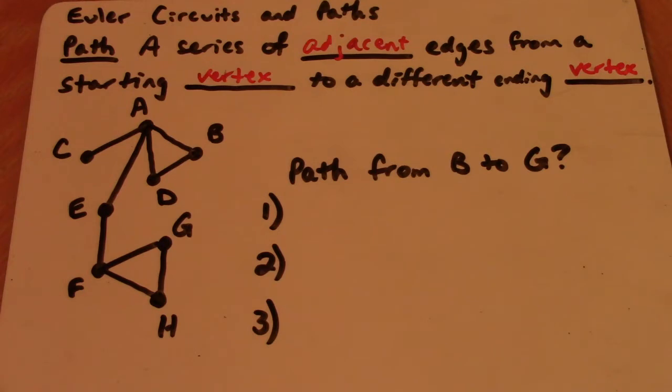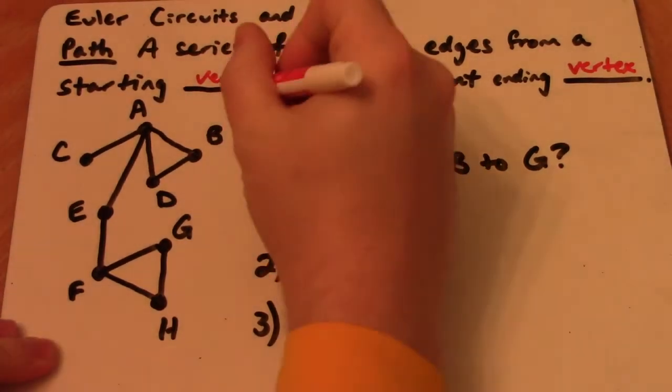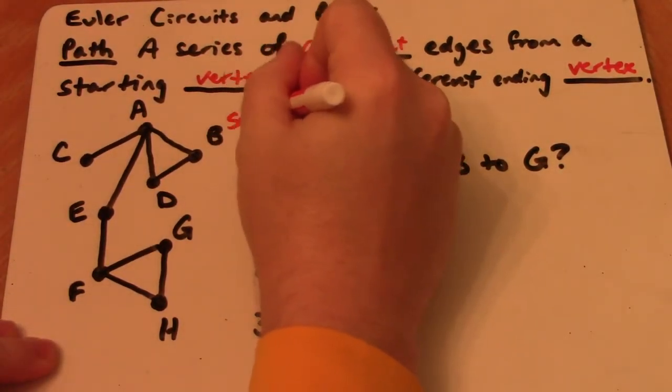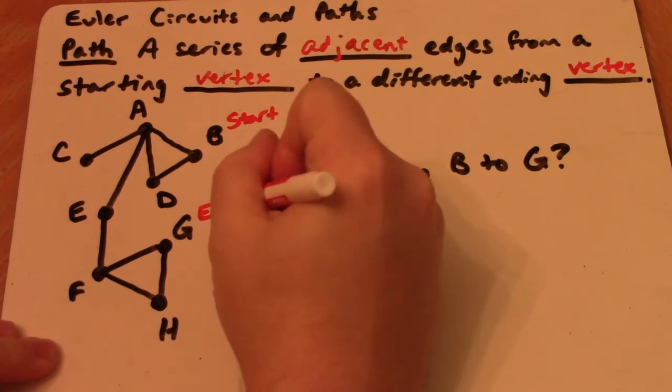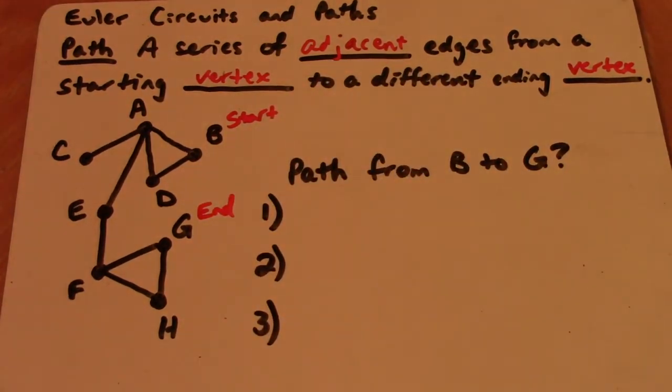So down here we have an example graph. It contains a total of 8 vertices and a total of 8 edges, and it wants us to give a path from point B to point G. In other words, it wants us to start at B and end at G. And that really shouldn't be very difficult.